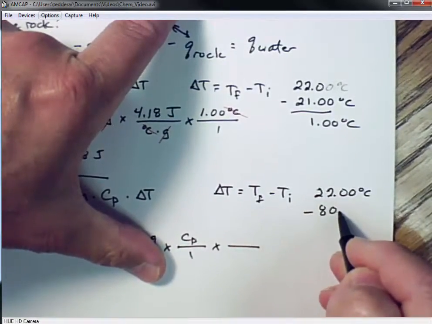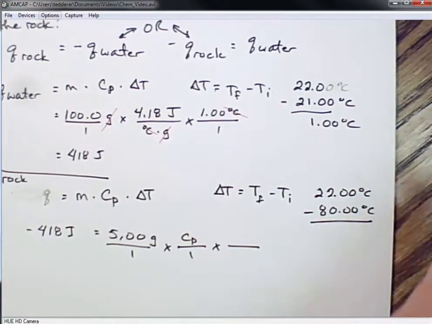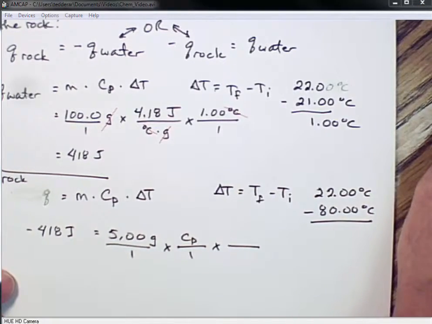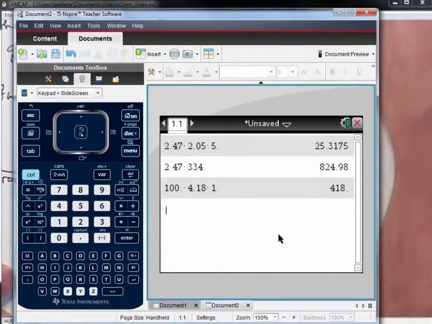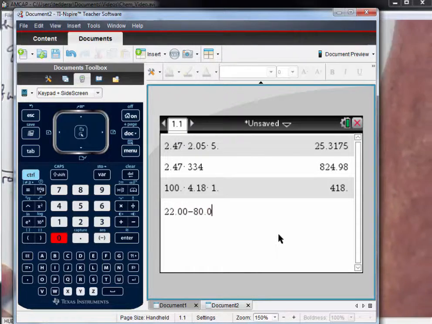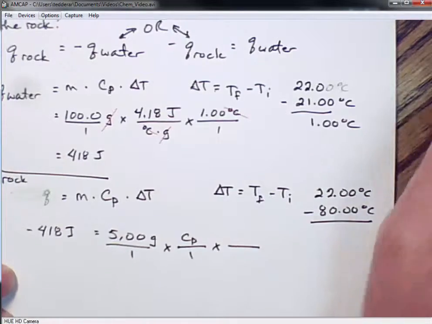So we're going to subtract 80 degrees. So 22.00 minus 80, and we get negative 58.